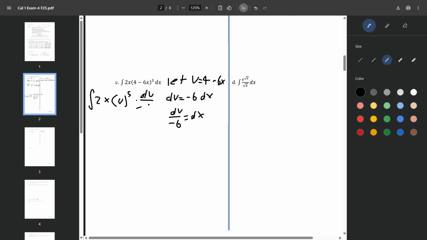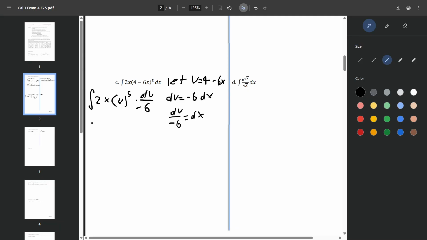Now, as you can see, we are still missing a bit of stuff, since we still have our x. We'll deal with that a bit later, but first we can simplify this a little by dividing by 2, and then we'll be left with negative 1/3. And with that negative 1/3, since it's a constant, we can move it outside of the integral since it's being multiplied with the rest of the equation.